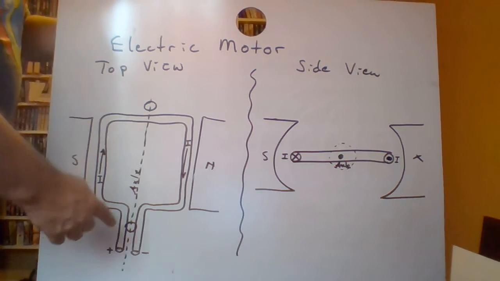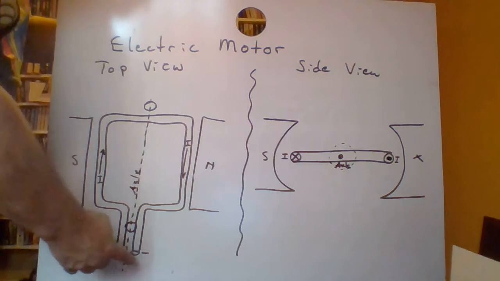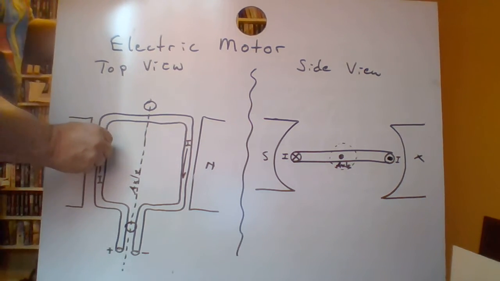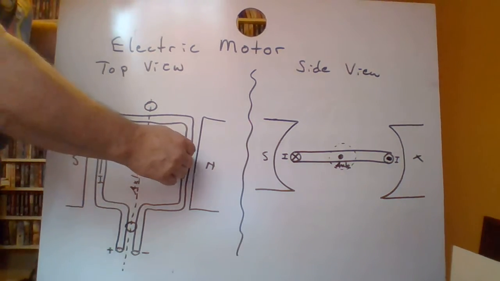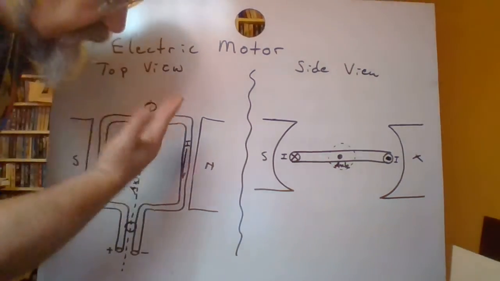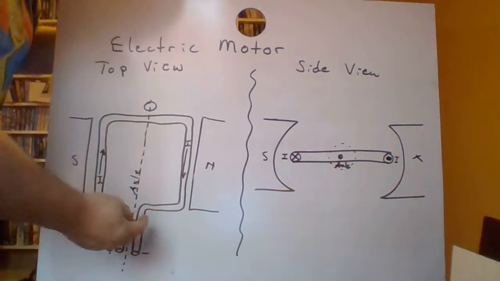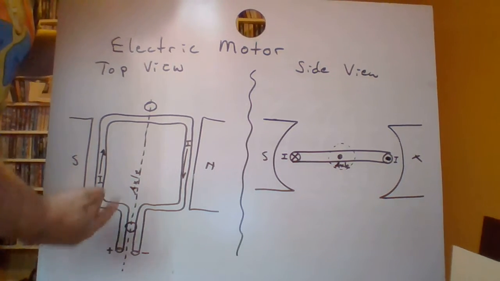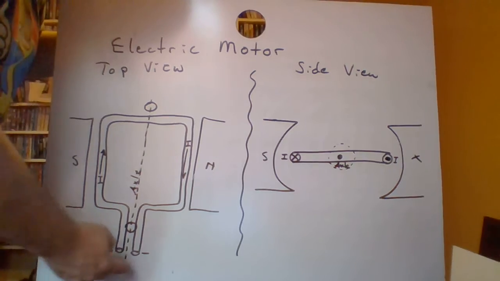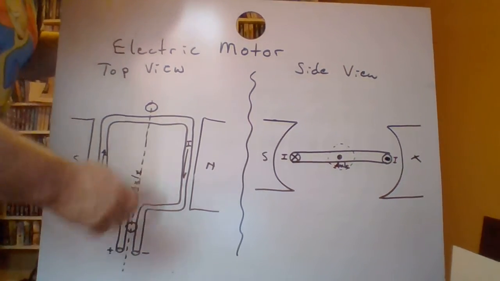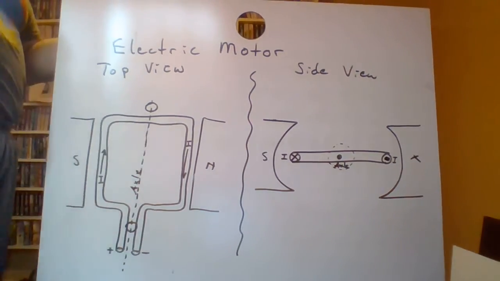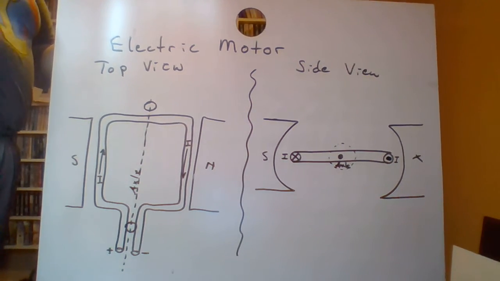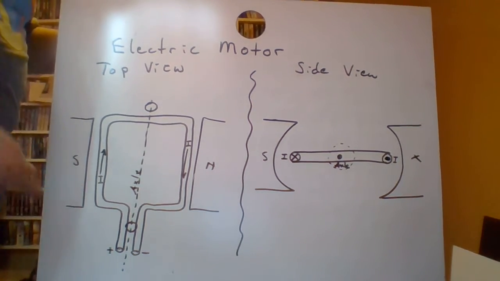Problem arises that if we keep this direction of current flow, it's going to pop over here and it's going to push it back. So you'll get this vibrating back and forth. So we have to figure out a way, mechanically or electrically, of switching the direction of current in the wire every half turn. And there are ways of doing that.